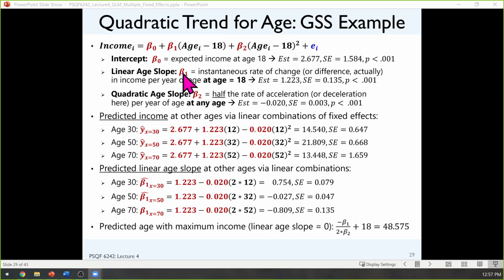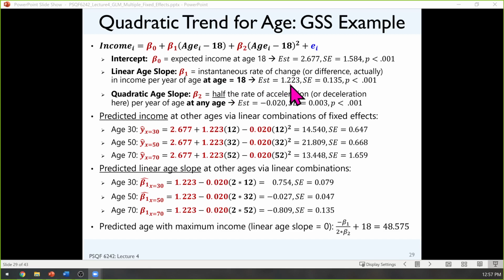It is the effect of age when age is 0, specifically, because of the beta 2. So the way that you can interpret this is the instantaneous effect, as they say. This is a physics term that is borrowed in talking about these models. It is the instantaneous effect of age at age 18, which is where 0 is. So at that point, for every year older you are, you're predicted to make about $1,200 more.